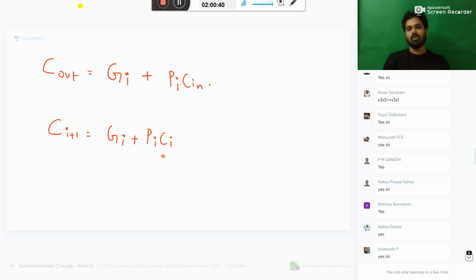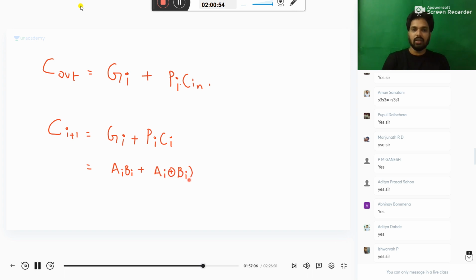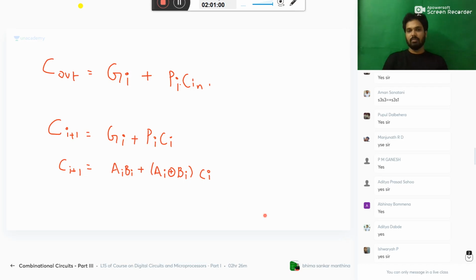Now you can write what is Gi: Ai Bi, plus Pi: Ai XOR Bi, into Ci. You remember this is nothing but your expression for carry in the full adder: AB plus A XOR B into C. Yes or no?